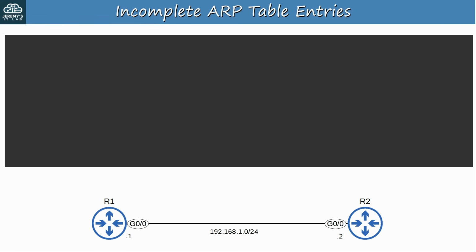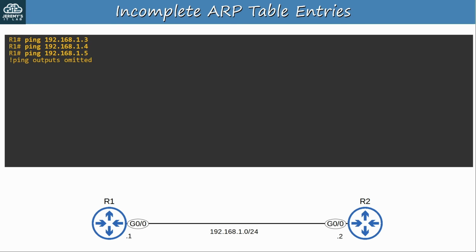Since I mentioned incomplete ARP entries earlier, let's see how they look in the ARP table. Usually, you won't see the incomplete entries because the ARP process finishes too quickly. However, if you, for example, try to ping an IP address that doesn't exist in the subnet, an incomplete ARP entry will be made and remain in that state because the ARP process can't finish.